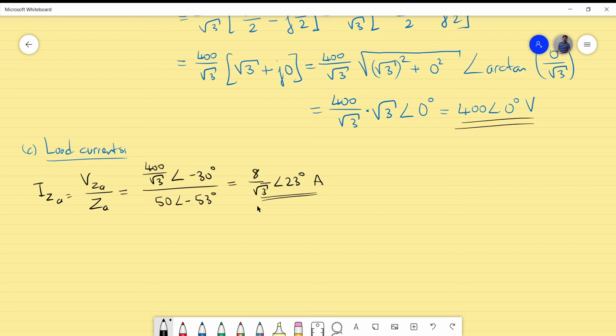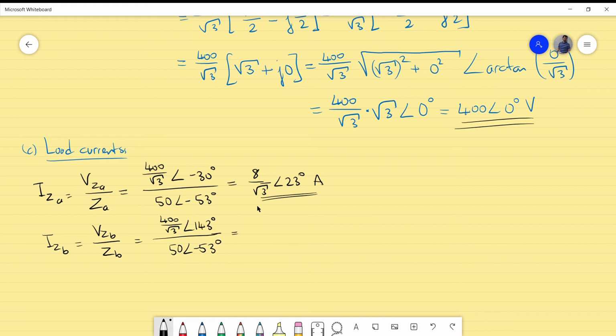Okay, and I will move on with the next one, which is IZ of B, which is VZ of B divided by Z of B. Of course, ZA, ZB and ZC are all exactly the same. So again, I can write down exactly the same expression for the impedance, and the voltage amplitude is the same, but the phase orientation must be 143 degrees.